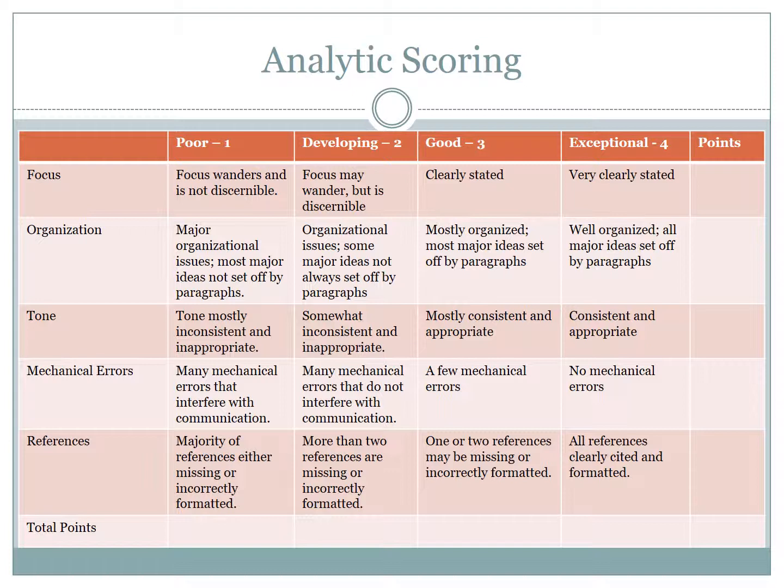So a student might get a 3 because they clearly stated the focus, but they might only get a 2, developing, because they have some organizational issues. They might be very good at mechanics, so they might get a 4, exceptional, on mechanical errors, have no mechanical errors, but they might be missing 1 or 2 references, and so they might get a 3.